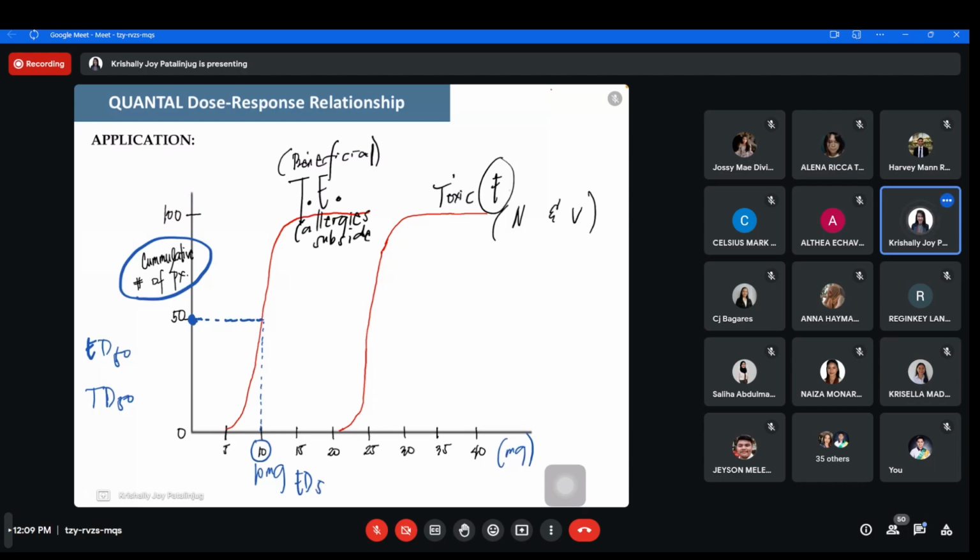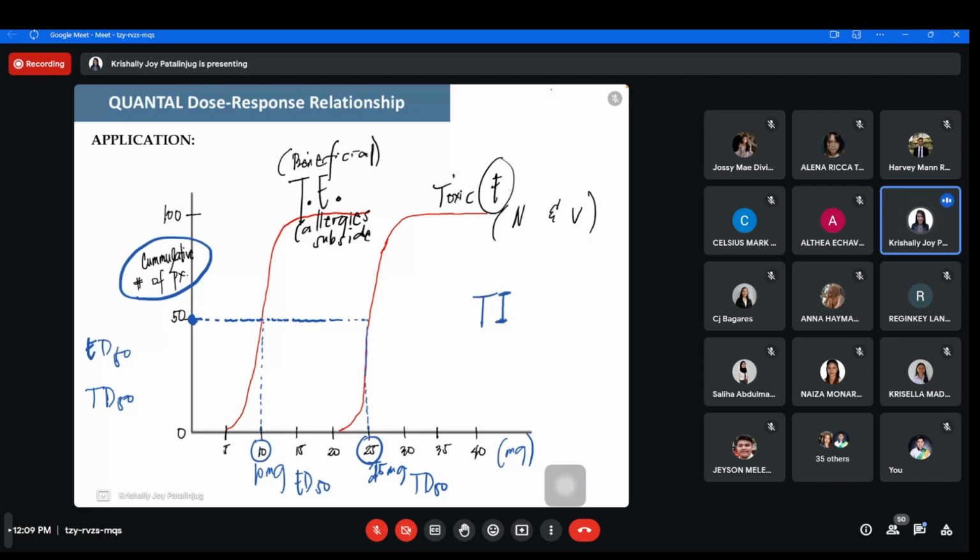Whereas, the TD50 would be, ayan, so dito 25. Okay? 25 naman yung TD50.